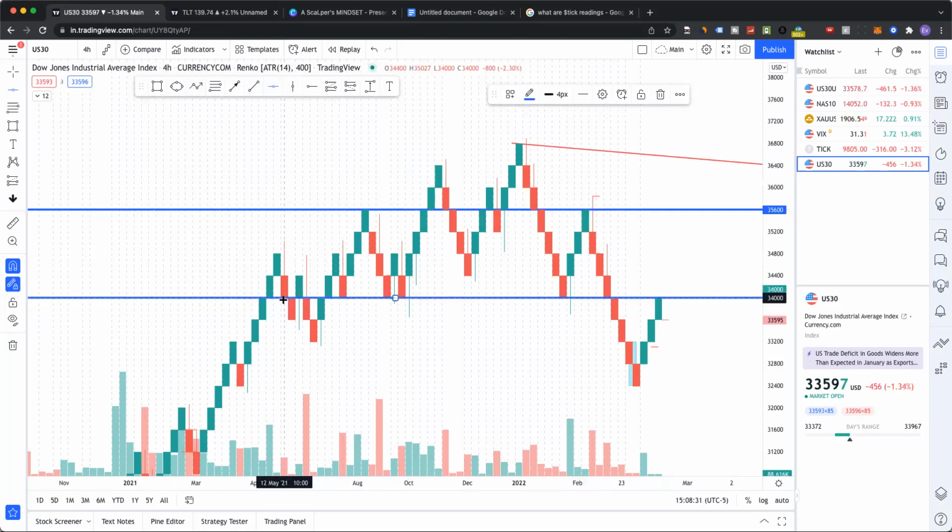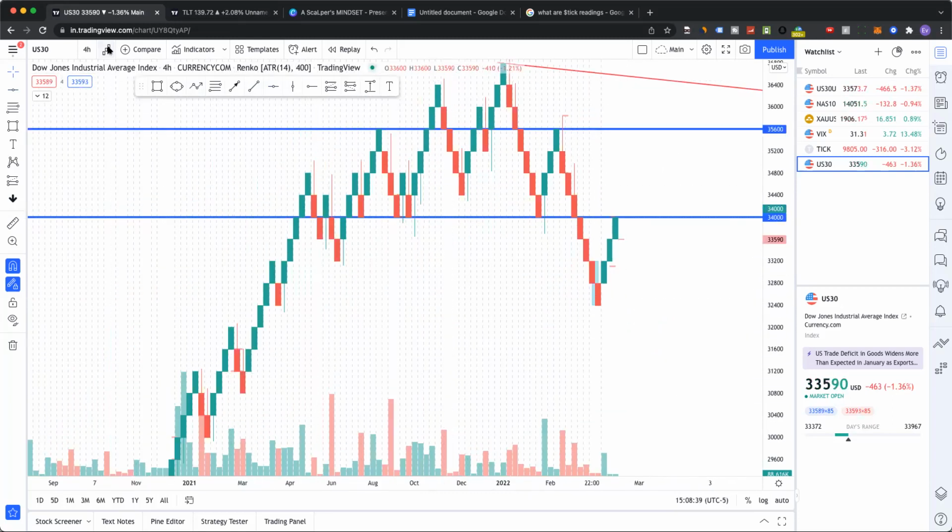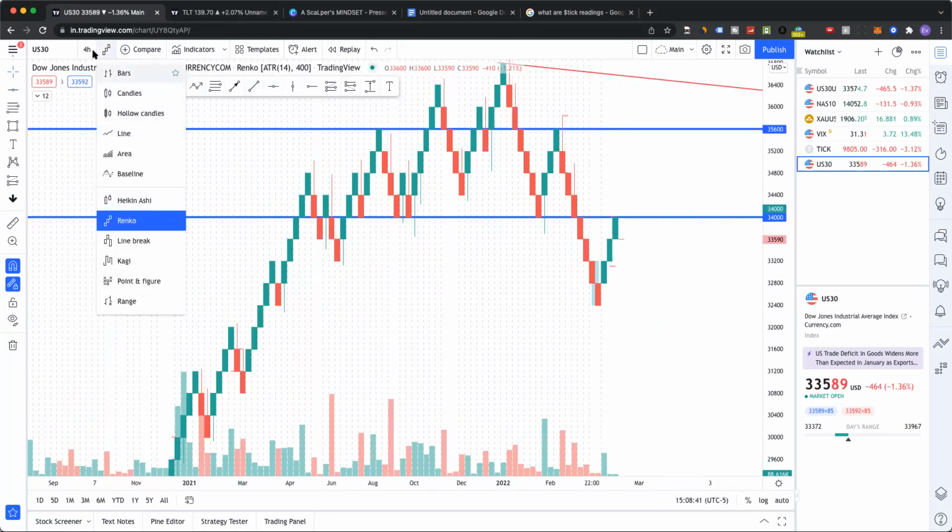We have an area of support here being tested right now. So we have a breakout pullback. I do this for H4 and H1 and daily. But daily is a little more difficult because you're not going to get as much data.